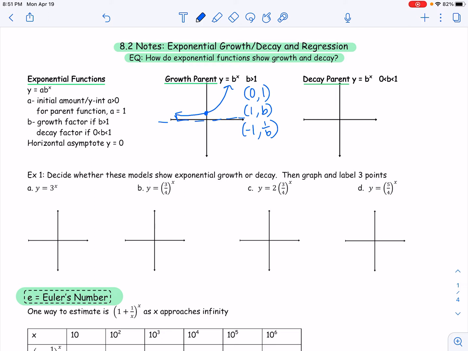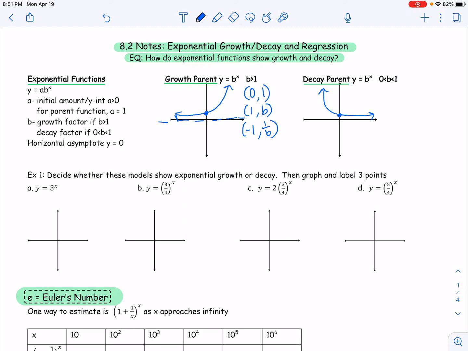If there's a negative in front of that base value, that is just the transformation reflecting over the x-axis. Your base will never be negative. But if we have a base between 0 and 1, like a third or a half or 3/4, then that is going to show decay. So it's going to look something like this.